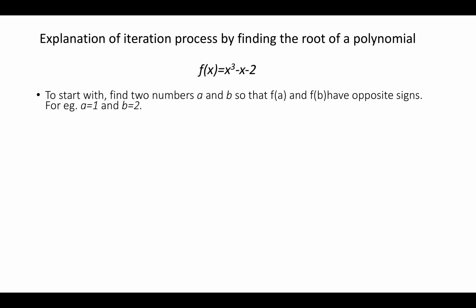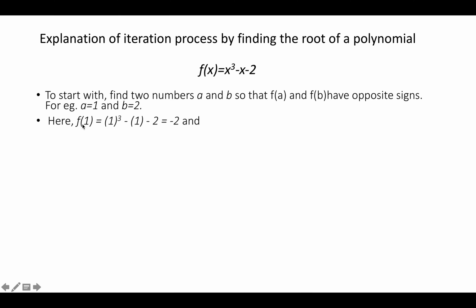So let us start by finding two numbers a and b, because we need the interval, so that the values of the function at these two points have opposite sign. So fa multiplied by fb should be negative. We have to find such points a and b. In this example, let us consider a equal to 1 and b equal to 2 as the initial values of the interval.